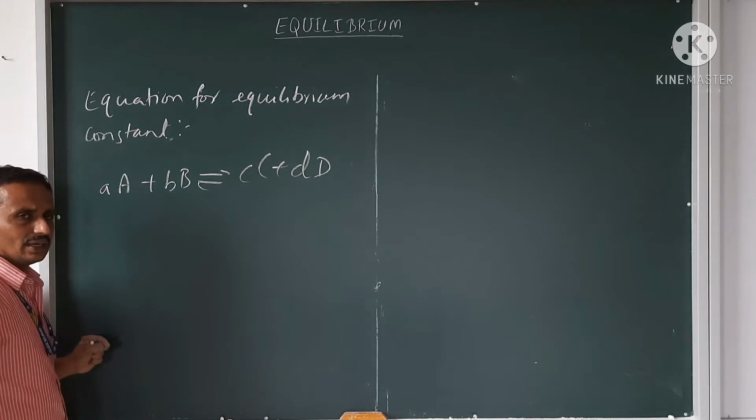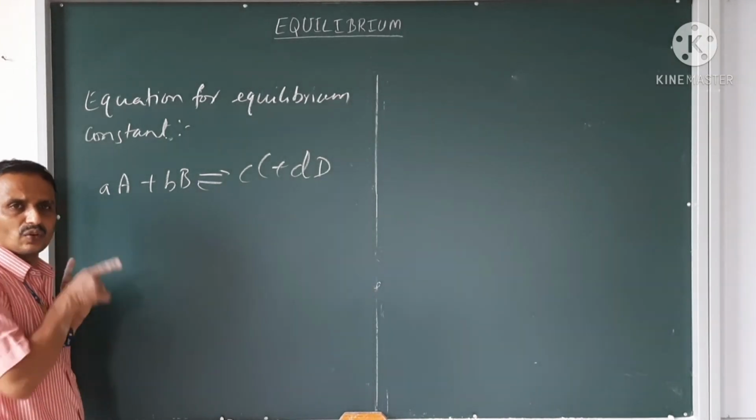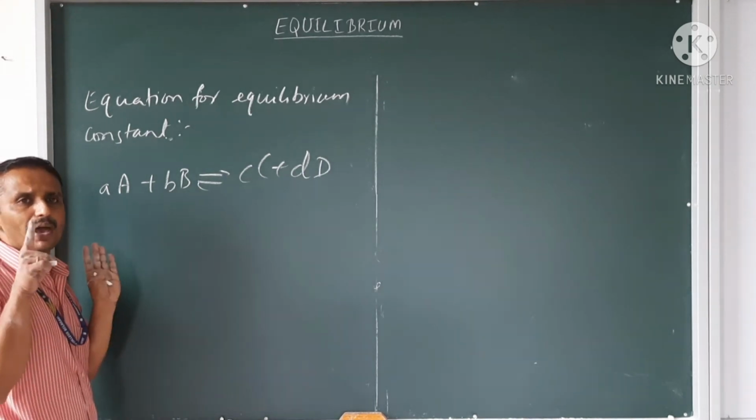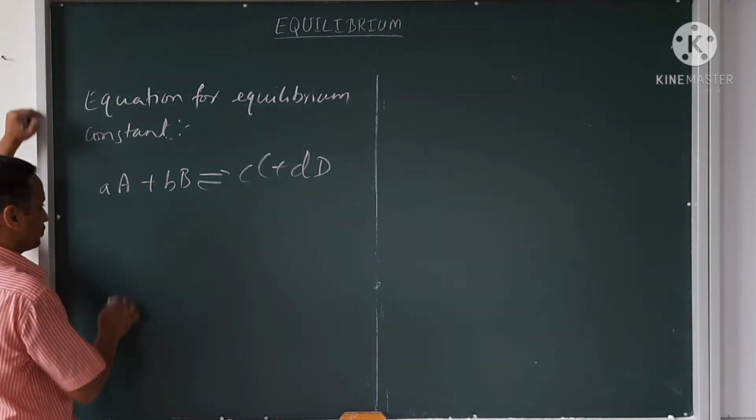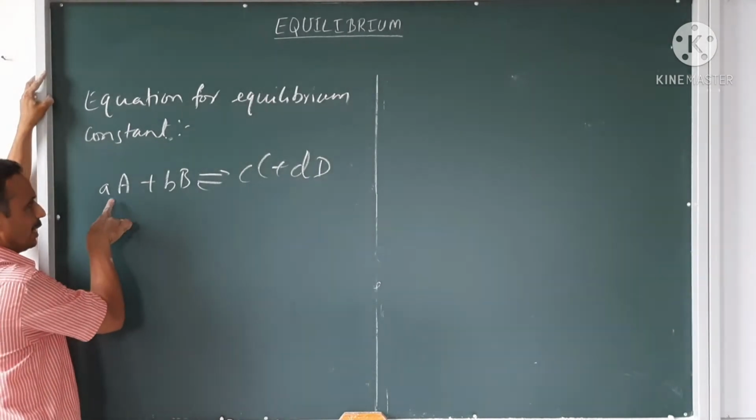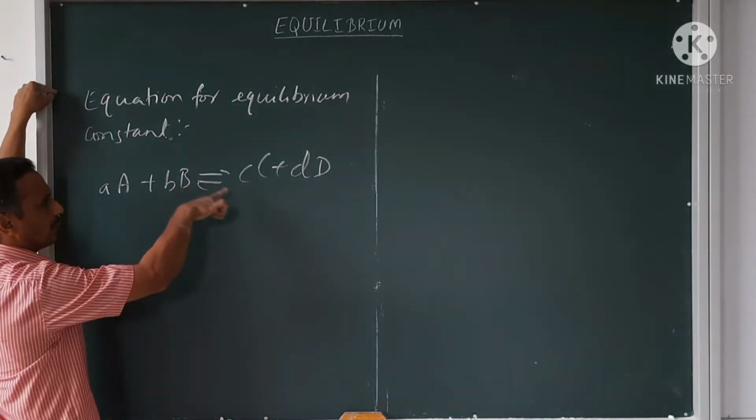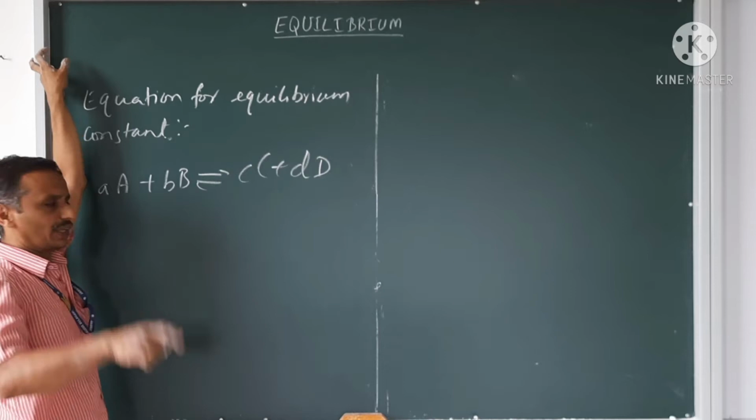So, write the rate law in the forward reaction and the backward reaction separately. See, A plus B giving C and D is a forward reaction.